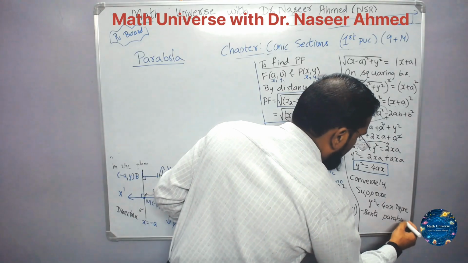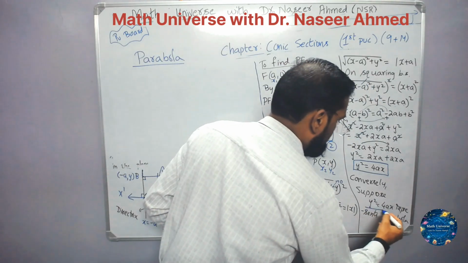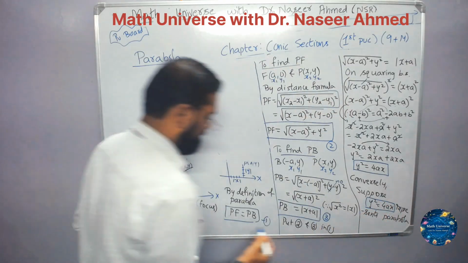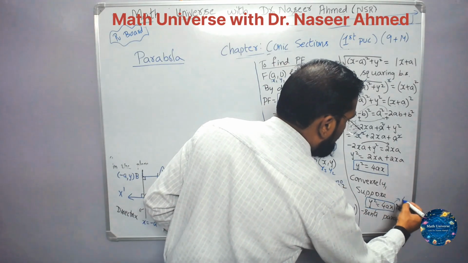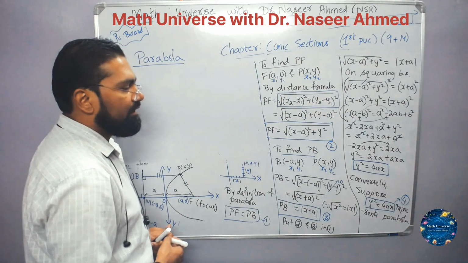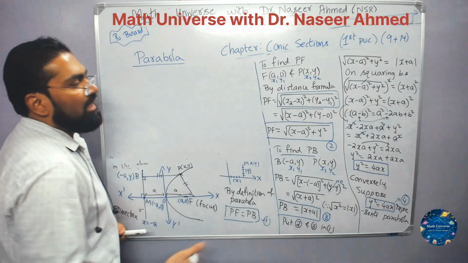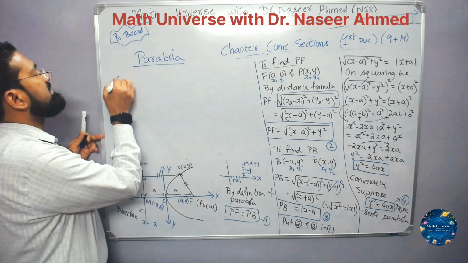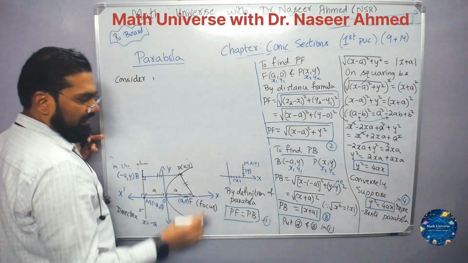So if it is a parabola, I have to prove that PF is equal to PB. So equation number 3 is this. I'll take this as equation number 4. Now let us go one by one. So I will consider PF. See, I have to prove this.